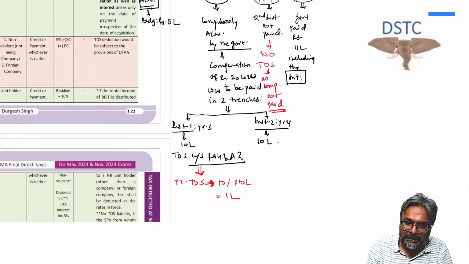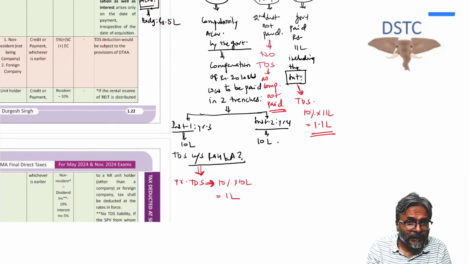And so far as year 5 is concerned, students, here the TDS will be deducted, and that will be again at 10% on rupees 11 lakhs, which is how much, students, now in that situation? 1.1 lakh. So therefore the TDS will be deducted at two particular points of time, one in year number 3 and another in year number 5.